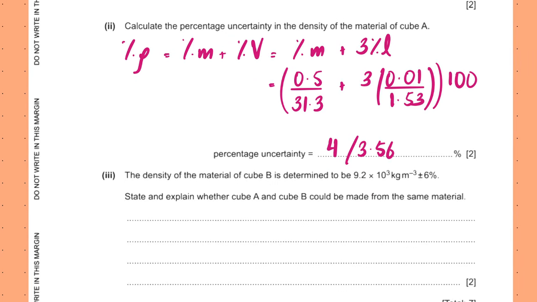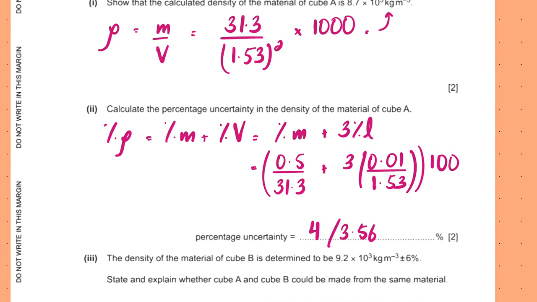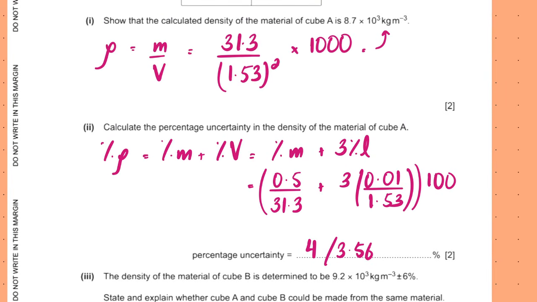The density of the material of cube B is determined to be 9.2 times 10 to the 3 plus minus 6%. State and explain whether cube A and cube B could be made from the same material. So when we talk about material properties, the density should be approximately the same, but because we have ranges here, maybe because of the experimental procedure, how the densities are determined, they could be lying in each other's range.